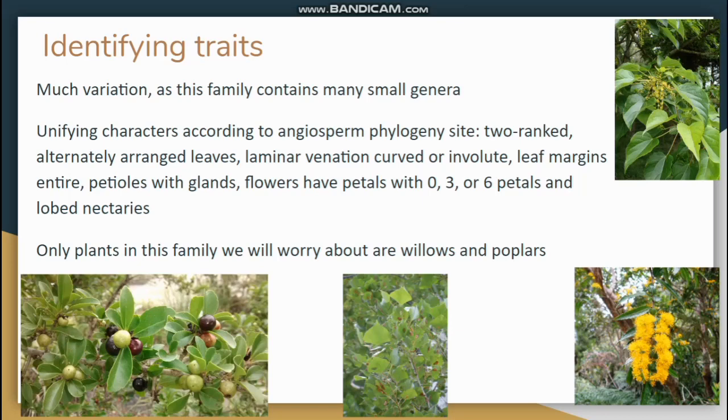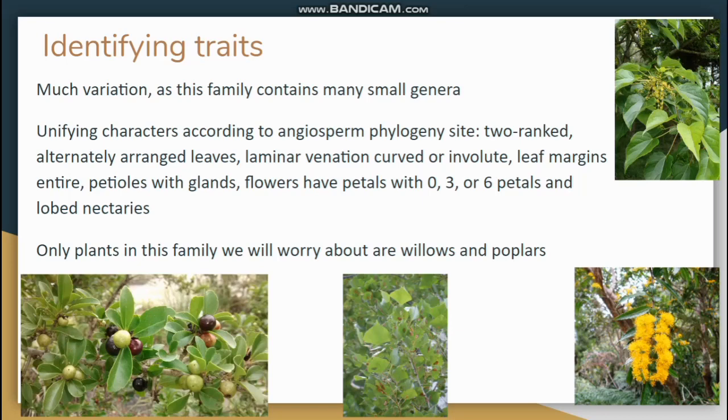Their petioles, or the stalk that attaches the leaves to the stem, has glands, and their flowers either don't have petals at all, or they have petals in multiples of 3 or 6. Their nectaries have lobes to them. We're not going to worry too much about that.